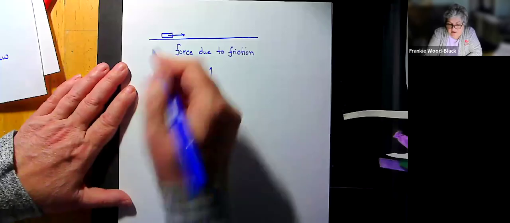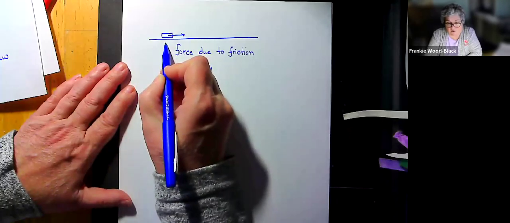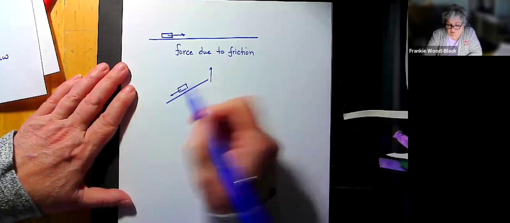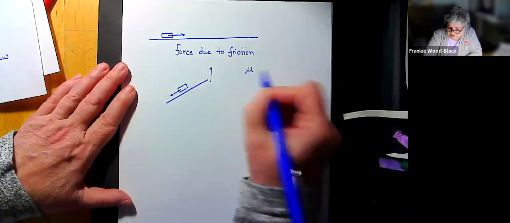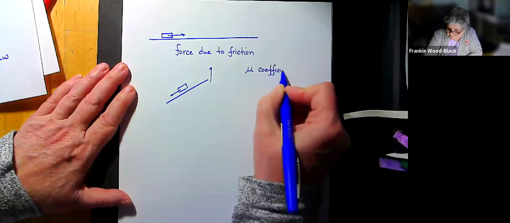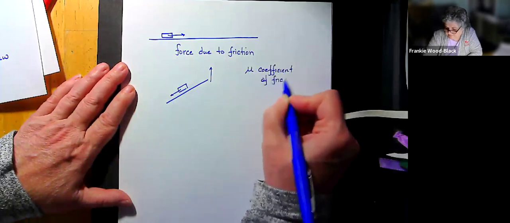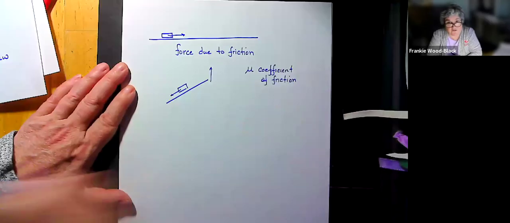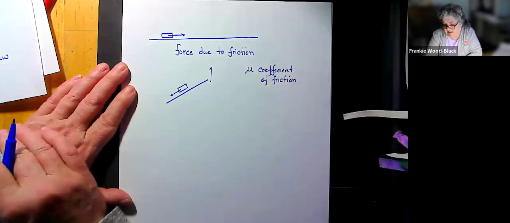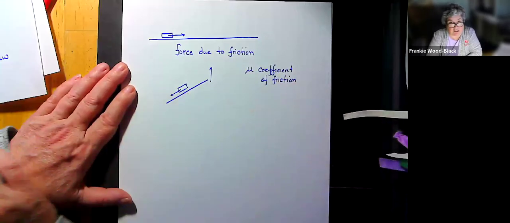But it's going to depend on whether or not I've got frozen rubber over ice or I have a wooden block on sandpaper. I'm going to get what we call a coefficient of friction. And that's kind of an interesting thing, and we can actually measure that.